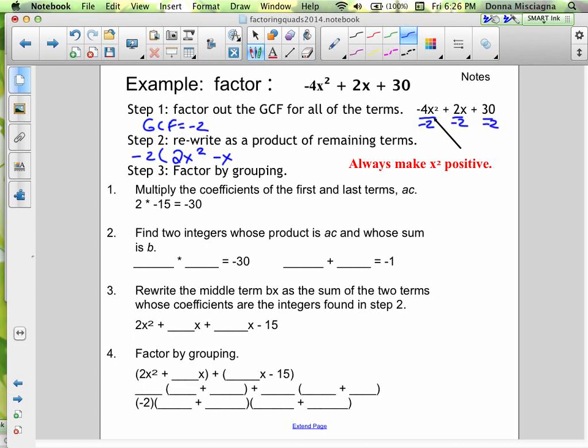And 30 divided by negative 2 is going to be a negative 15. Right? So the negative 2 we'll deal with at the end. That'll just be one of our factors. And we want to factor the rest.